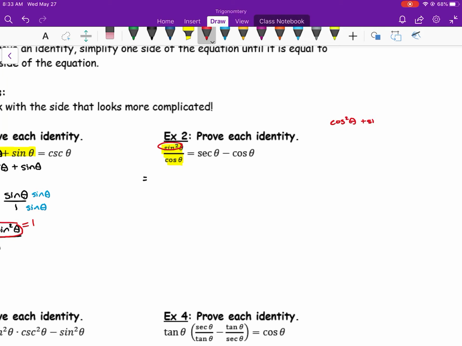Cosine squared of theta plus sine squared of theta equals 1. If I move cosine over, I get sine squared of theta is 1 minus cosine squared theta. I'm going to substitute that back in.